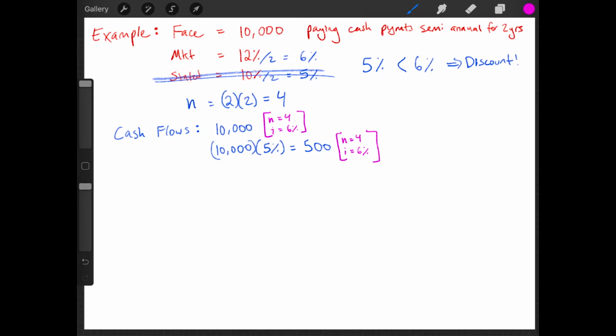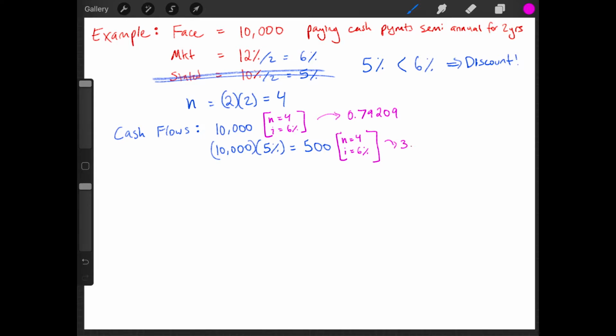Now, remember when I'm grabbing my present value factor or my discount factor for that face value, I'm always going to be using the present value of $1 because it's a single sum. So in this case, when I'm using n equals 4 and i equals 6%, I get a value of 0.79209.